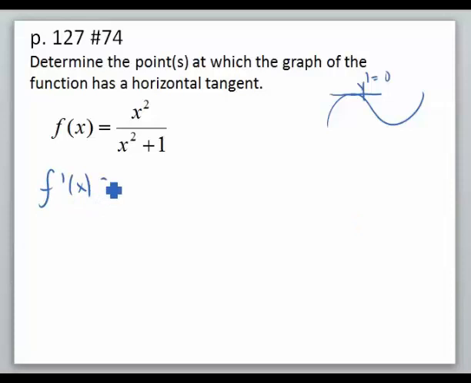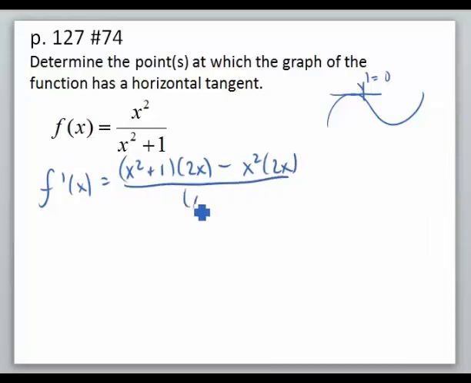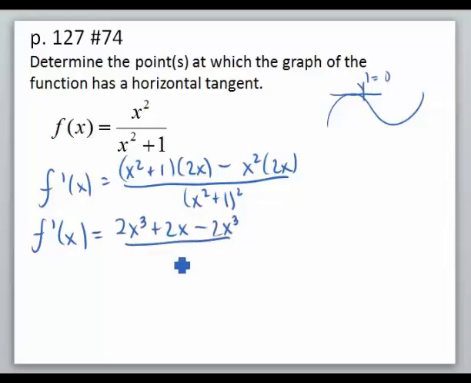So I've got a quotient rule, bottom times derivative of the top, minus the top times derivative of the bottom, all over bottom squared. So I end up getting on the top 2x cubed plus 2x minus 2x cubed all over x squared plus 1 squared.